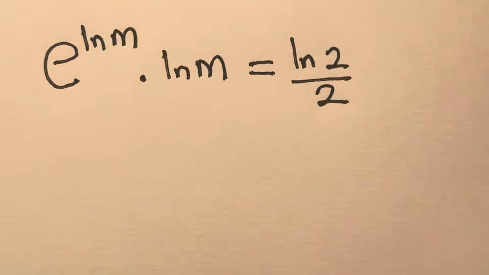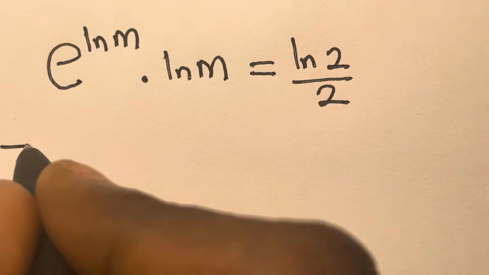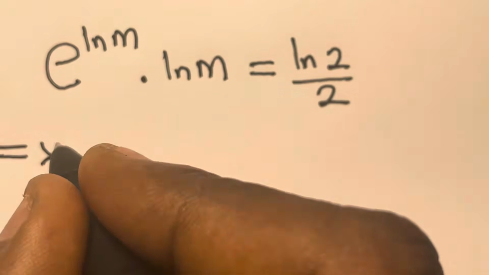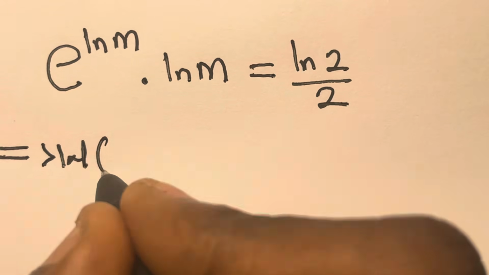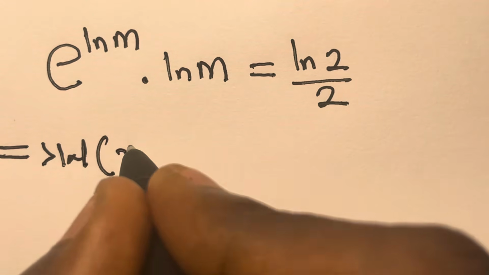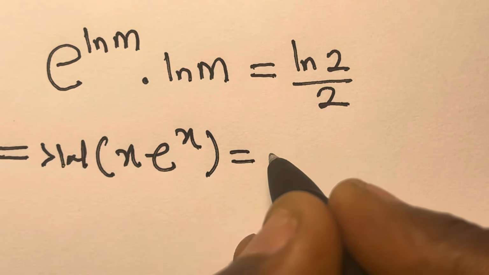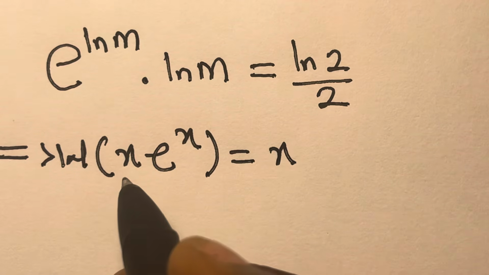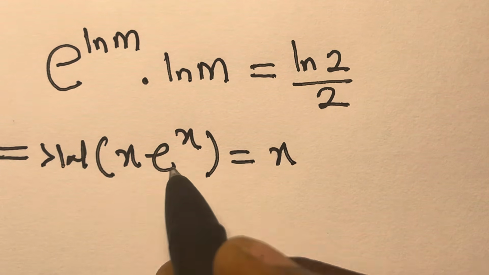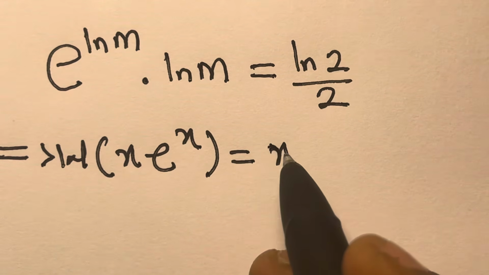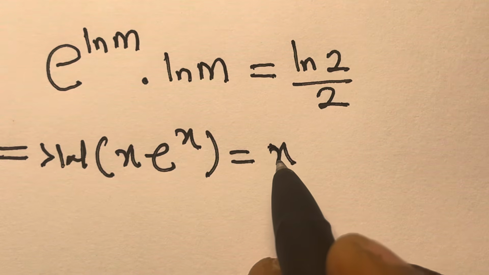So now let's recall that the Lambert function of x e to the x is equal to x, right? So the base and the power, if the same, we are going to have our unknown there.